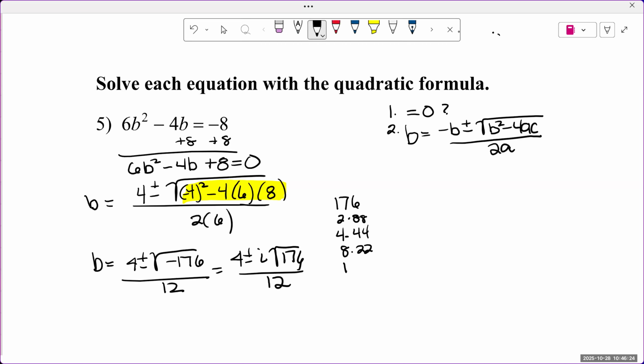I could see that there's an 11. 11 times 16. Okay, there might be more factors, but I think I found my perfect square right there. So this is biggest perfect square and leftovers, which is 4 radical 11.